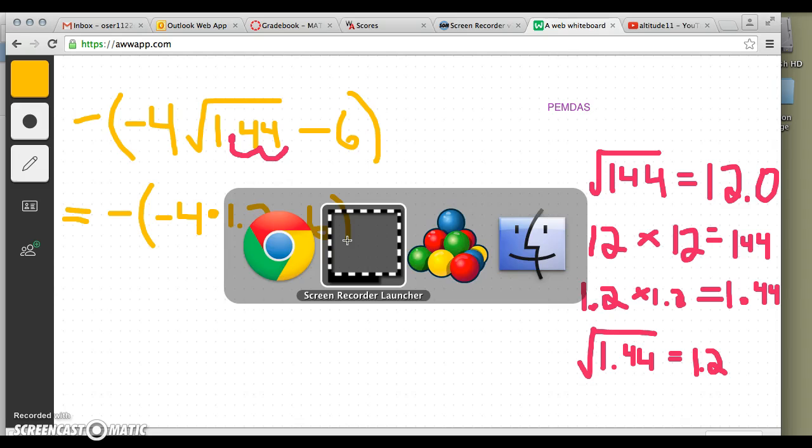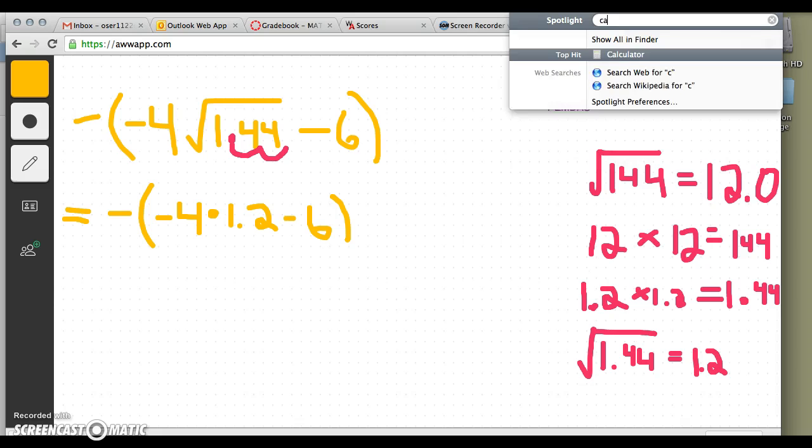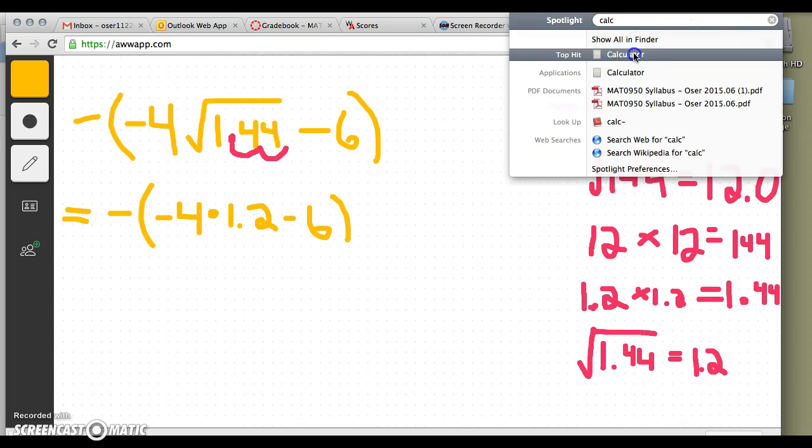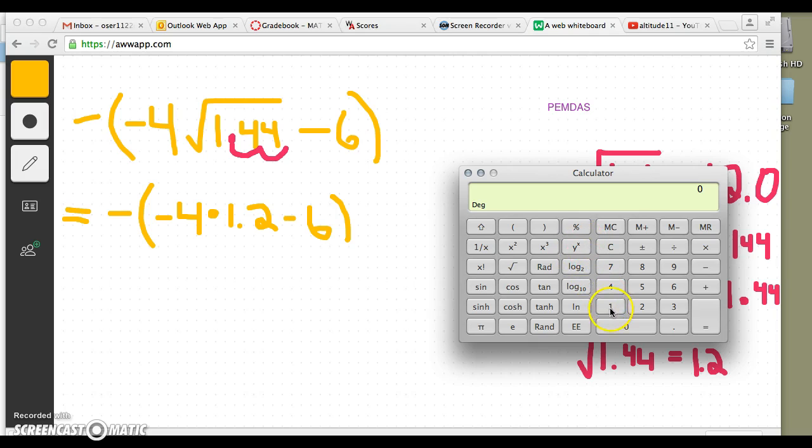Let's get out our calculator just to show that. So the square root of 1.44, when we square root this, we should get 1.2. There you go, 1.2.